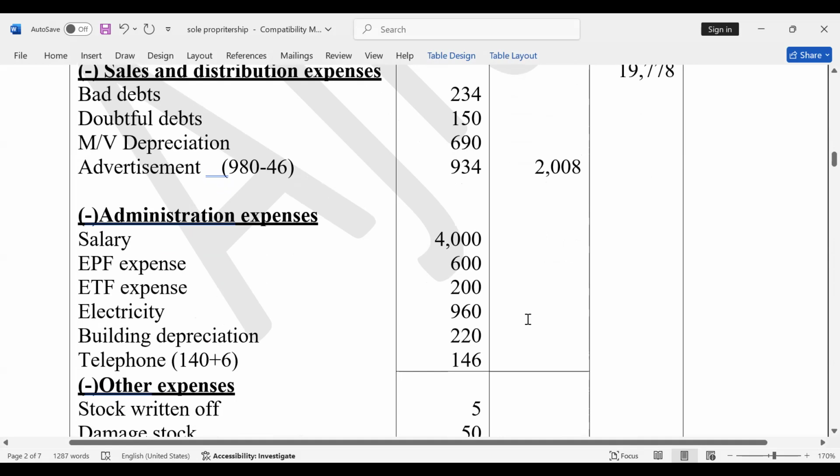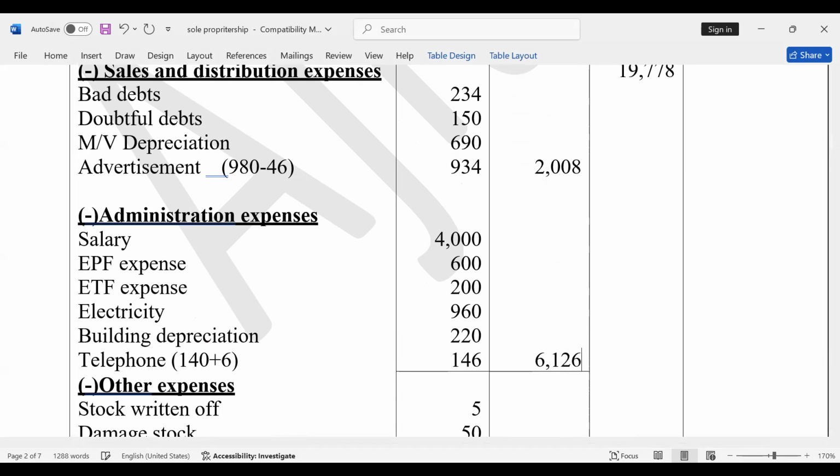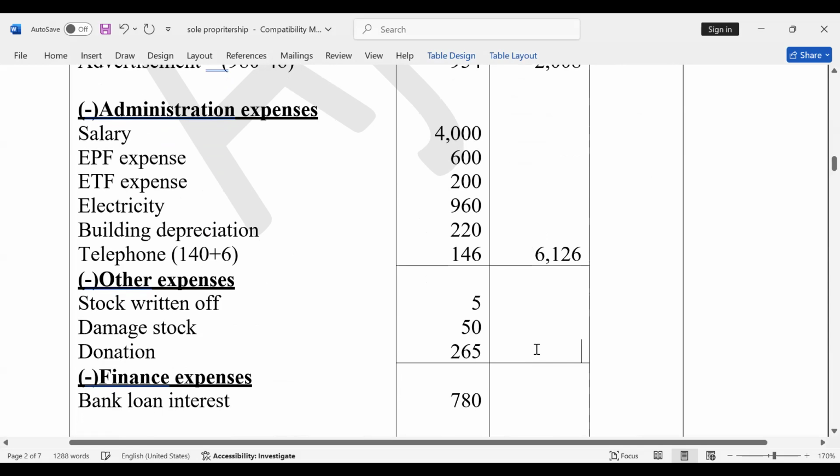Administration, $6,126. And other expense 320.